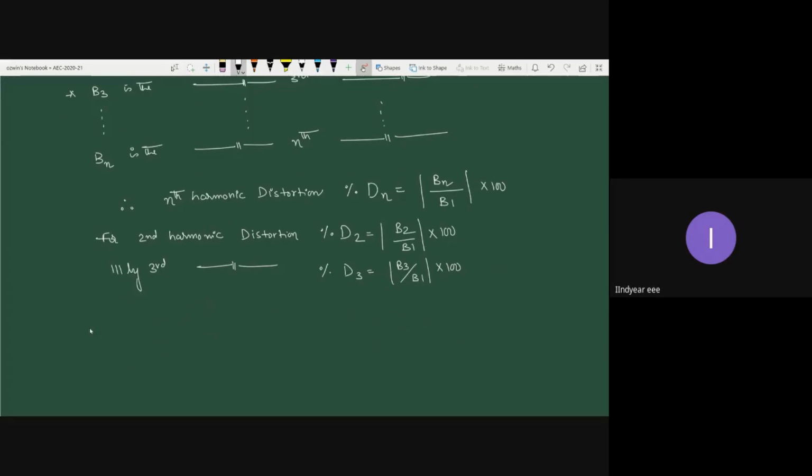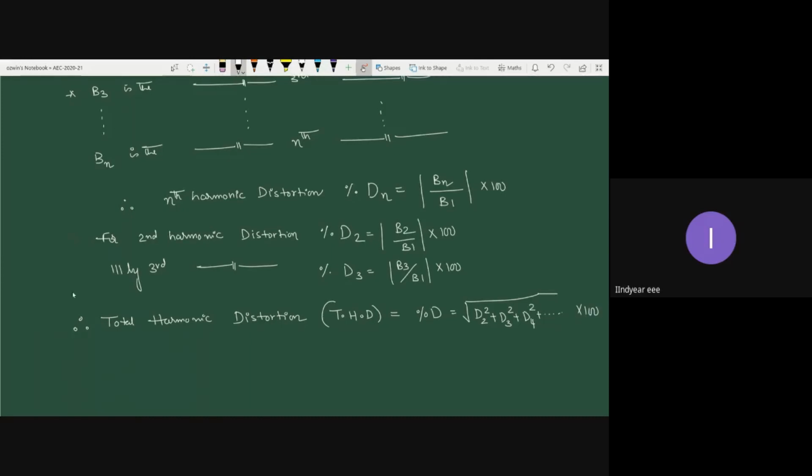So the total harmonic distortion, in short called THD, is equal to percentage D, which is equal to the square root of D2 square plus D3 square plus D4 square, and so on and so forth, into 100.